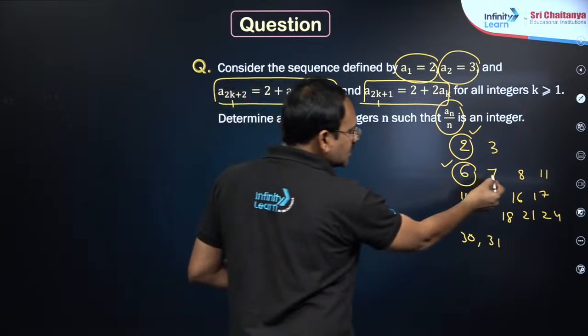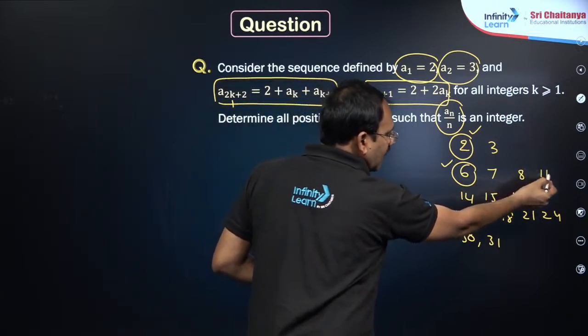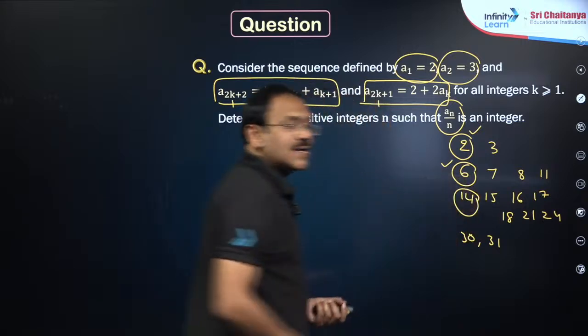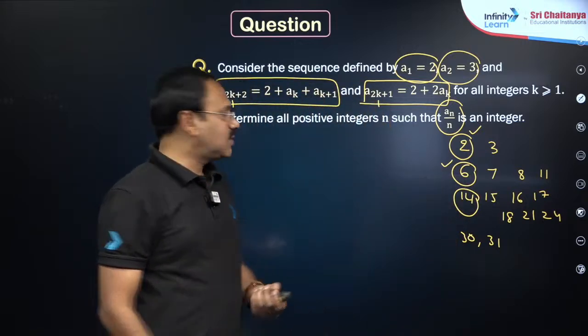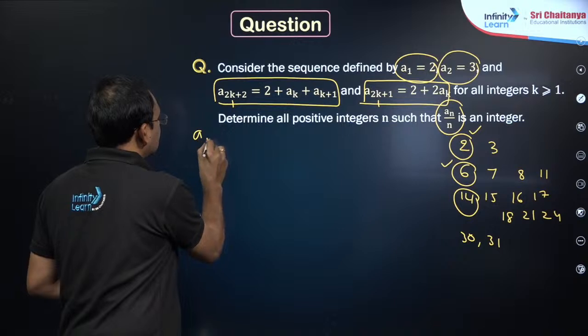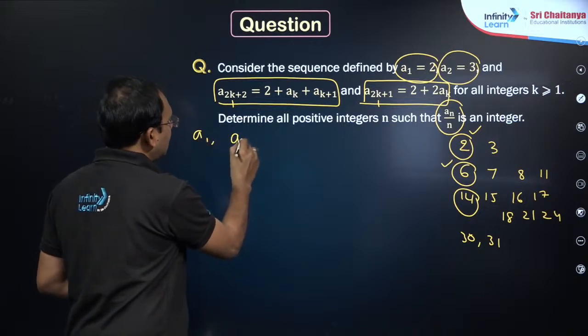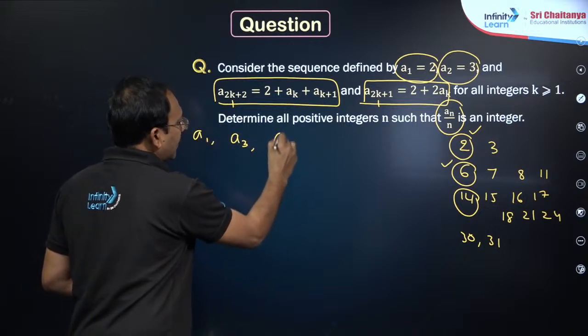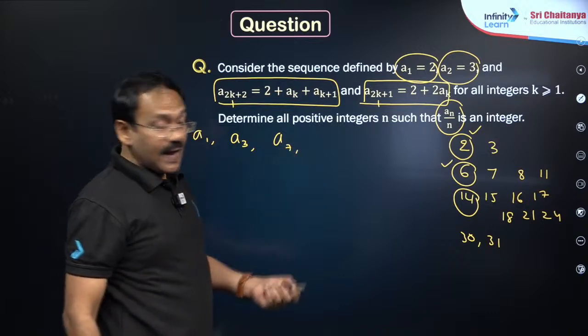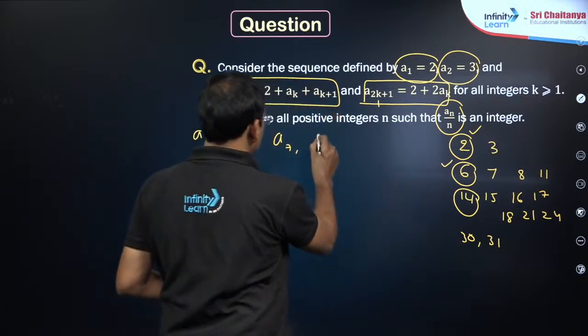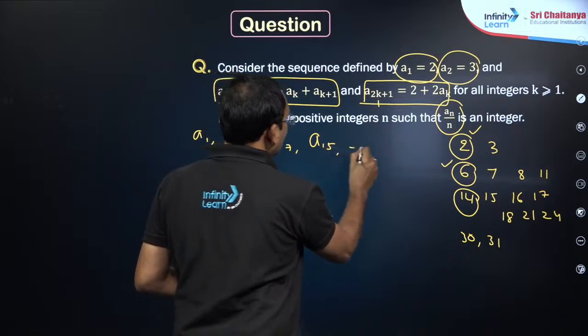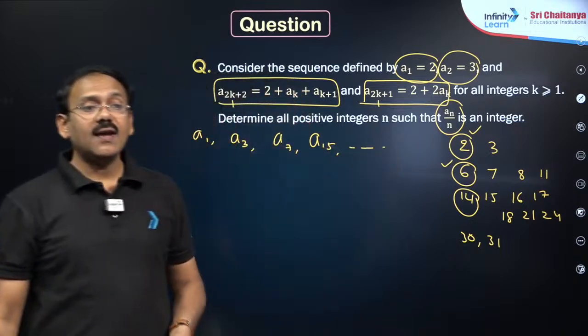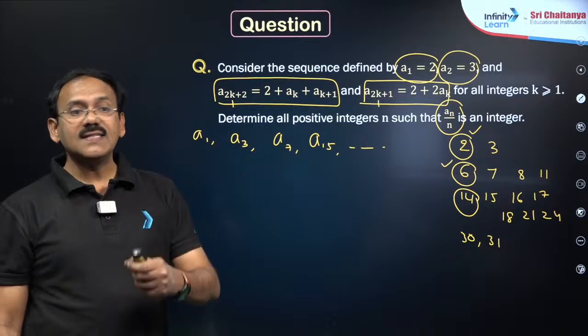Then this is not divisible by 4, not by 5, not by 6, but A7, which is 14, is divisible by 7, and this is going to be the 15th term. These are the successful terms where An by n is an integer.